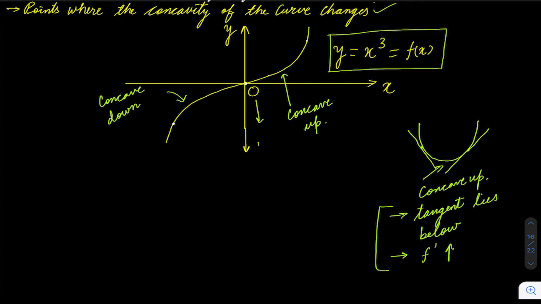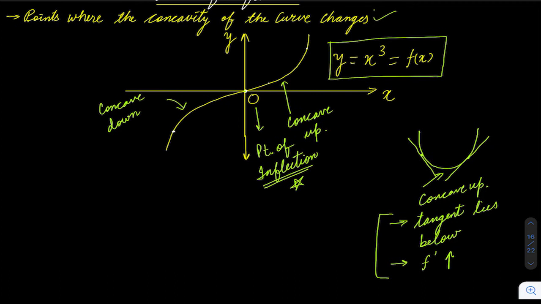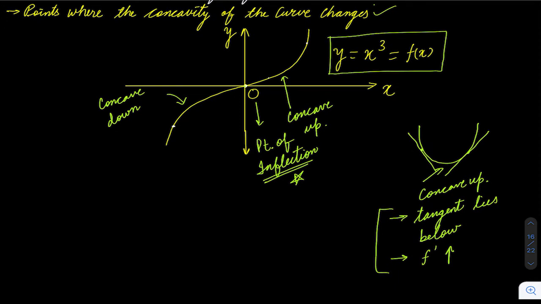So this point O is known as point of inflection, where graph changes its concavity. Or you can say graph changes from concave to convex, or convex to concave also. That's the same definition.